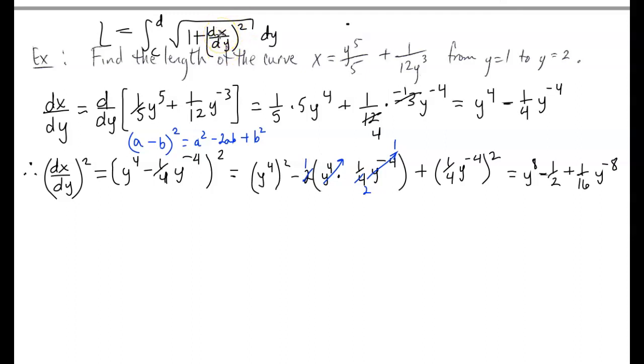Okay. Now, one thing I do want to go ahead and mention here is that we want to pay close attention to the fact that this (y raised to the 4 minus 1/4 y raised to the negative 4) quantity squared is equal to this.